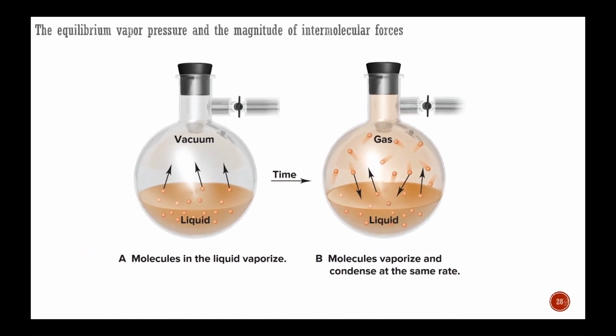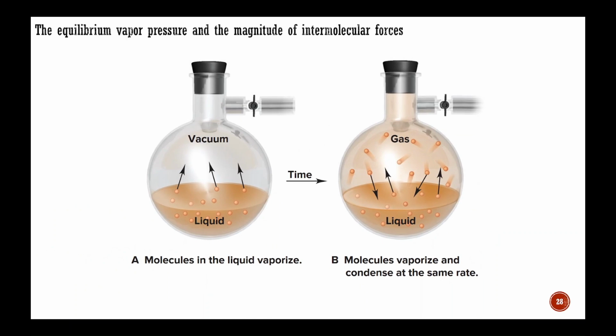In liquids with strong intermolecular forces, the kinetic energy of the molecules is lower, causing them to move more slowly and reducing their likelihood of leaving the liquid phase. Consequently, liquids with strong intermolecular forces have a lower vapor pressure compared to those with weak intermolecular forces. This, of course, is true only when comparing liquids under identical conditions.